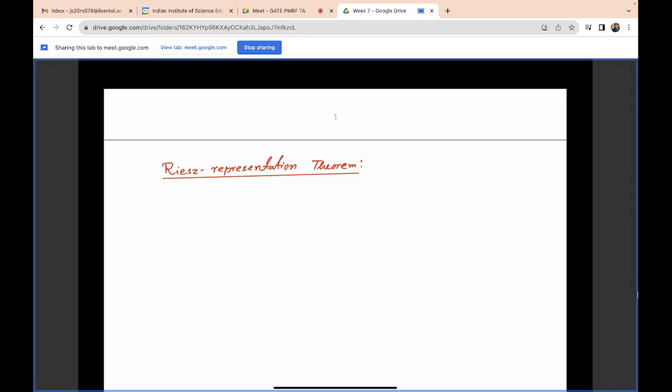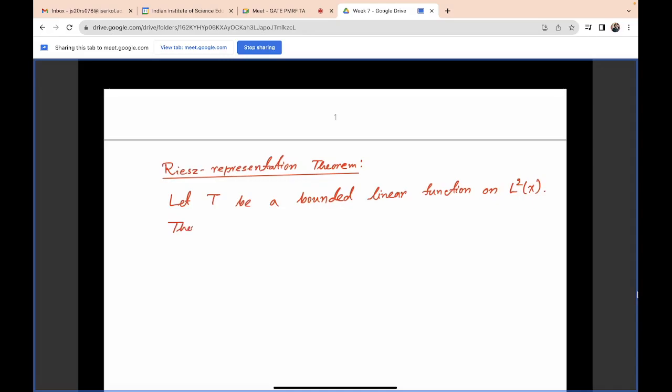So basically it's saying that let T be a bounded linear functional on L2 of X. Here I am stating only for L2 over some set X because I only need this one, but this is true for any Hilbert space, or more generally this theorem can be true for LP spaces, not necessarily Hilbert spaces.